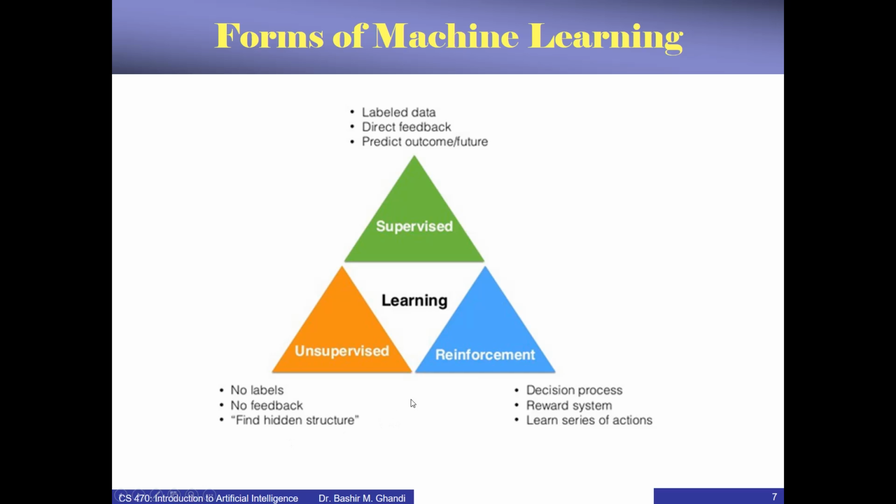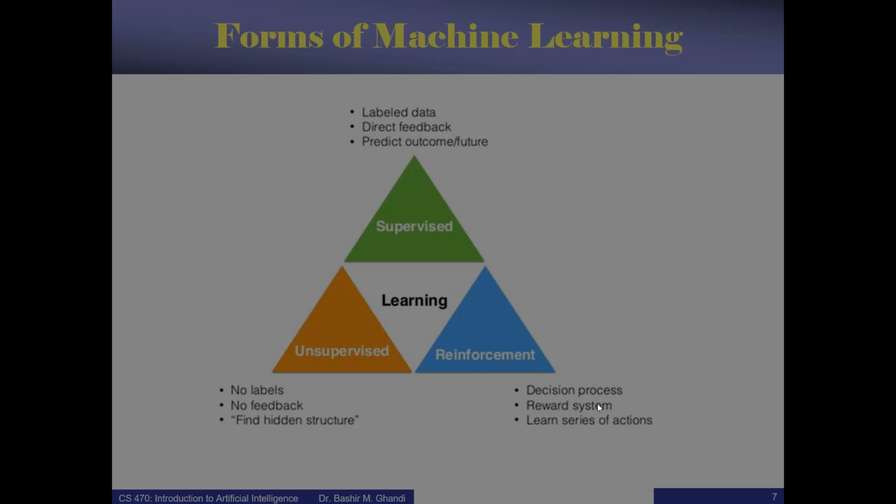And the last one, reinforcement learning, is basically based on a reward system, where the agent is either rewarded or not rewarded, and based on that it will use that as input to improve on its experience. But let us now concentrate on the first type of learning, which is called supervised learning.